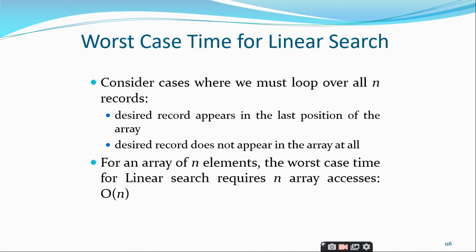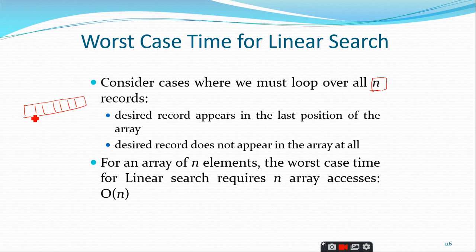And the worst case time for the linear search, as I told, if you have n records or n elements, the worst case is whatever we have discussed in the earlier case. For example, we will take a short example.